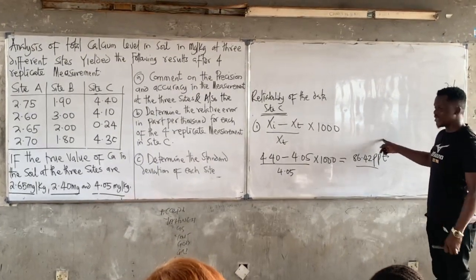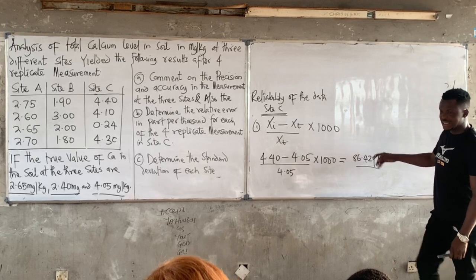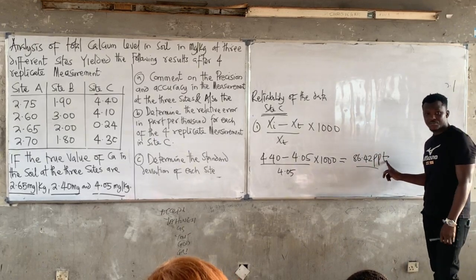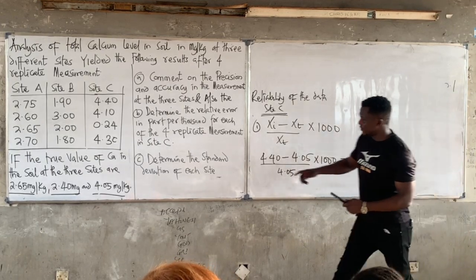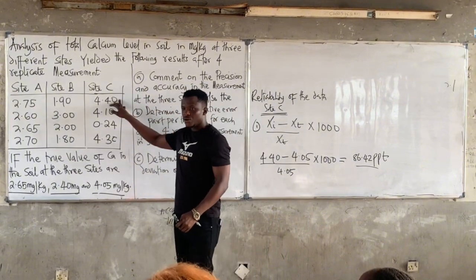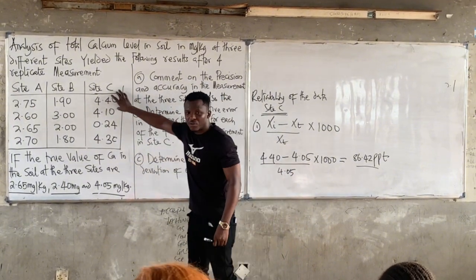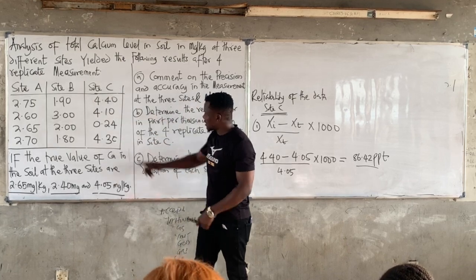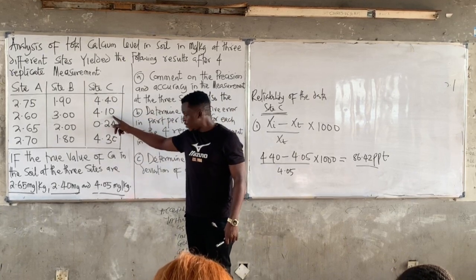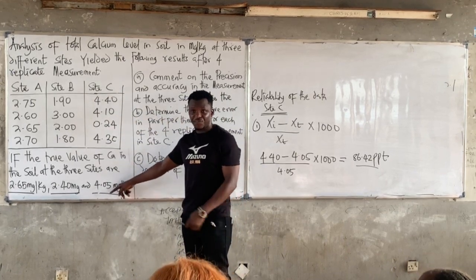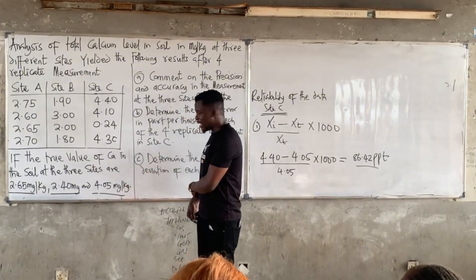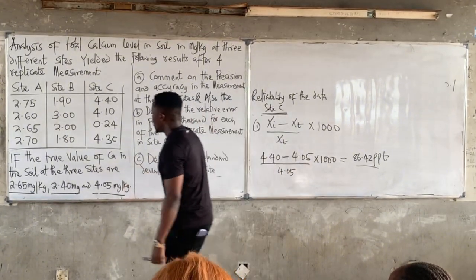Because if it was percentage, you would have added the percent sign. Now, this is for the first measurement. Because it's saying for each, for the second one, I'll say 4.10 minus 4.05 divided by 4.05 times 1,000.